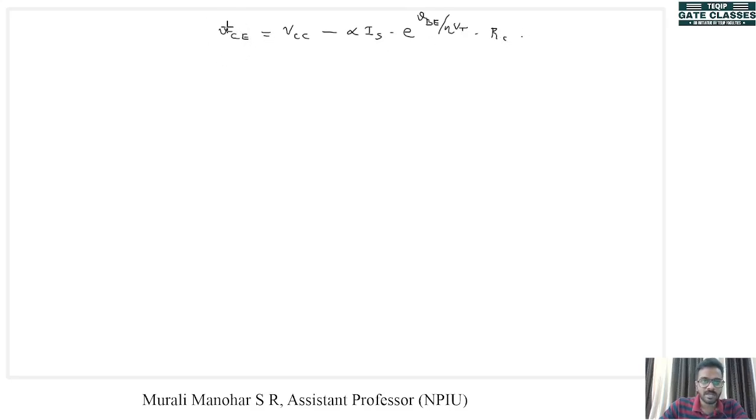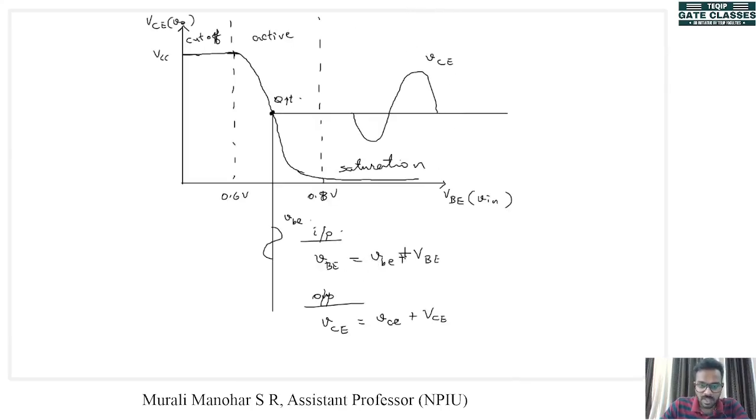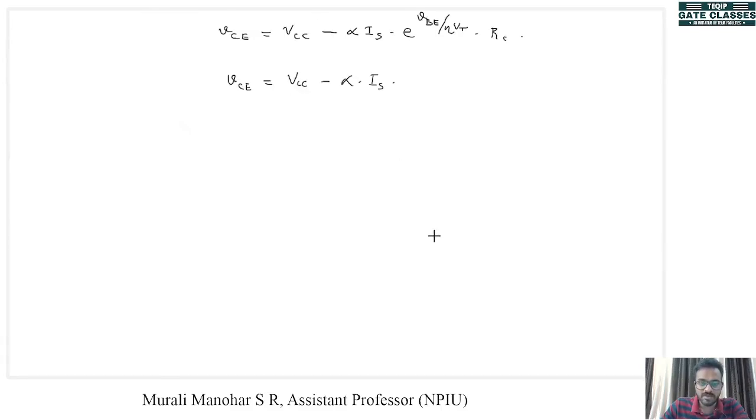Now this vCE is the combined AC and DC signal, and vBE is also the combined AC and DC signal. So vCE will be equal to VCC minus alpha into IS into, with vBE becoming small vbe plus capital VBE, so this exponential term becomes e to the power VBE divided by eta VT into e to the power vbe divided by eta VT, into RC. Right?